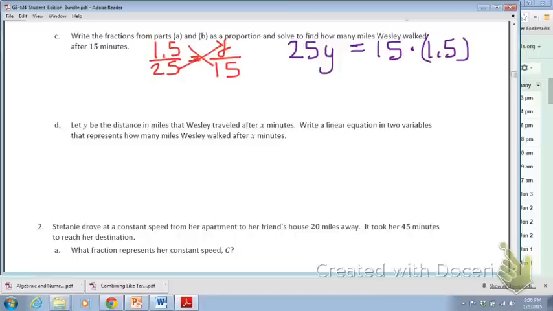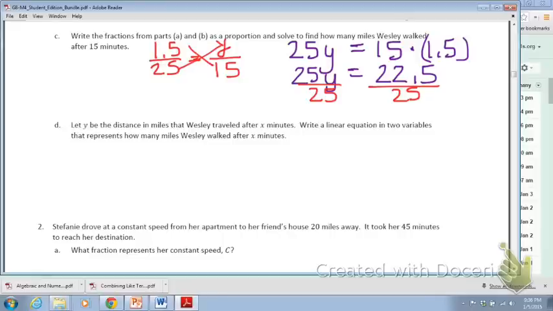All right, so I'm going to work this out. So 25y is equal to 22.5, I believe. Now I can divide both sides by 25 in order to get y by itself.